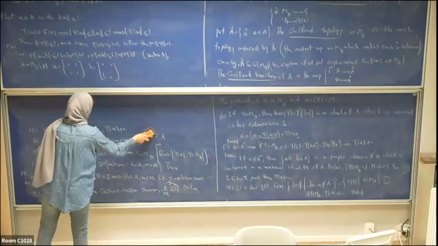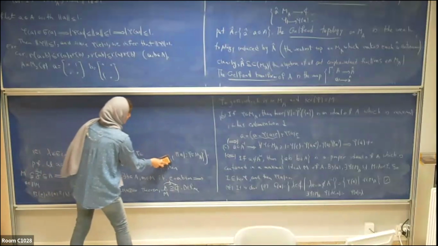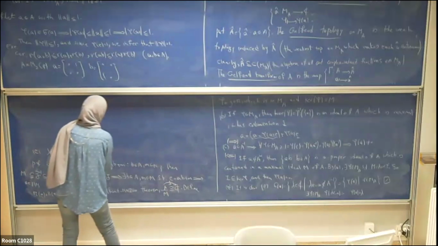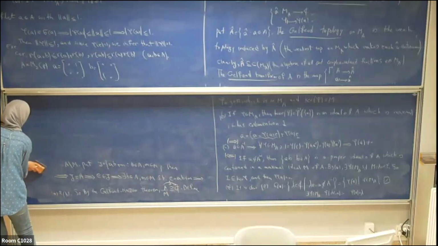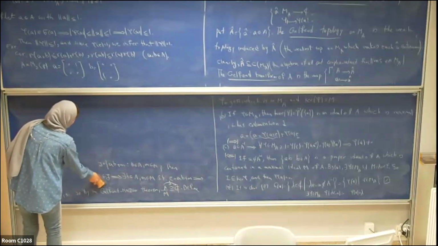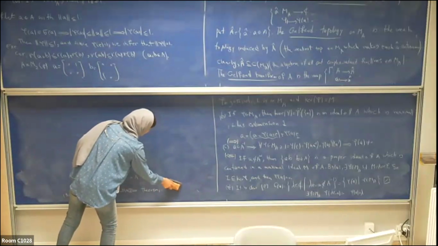So because of this theorem, M of A in the commutative case is usually called the maximal ideal space of A. That's why I use M instead of another notation.